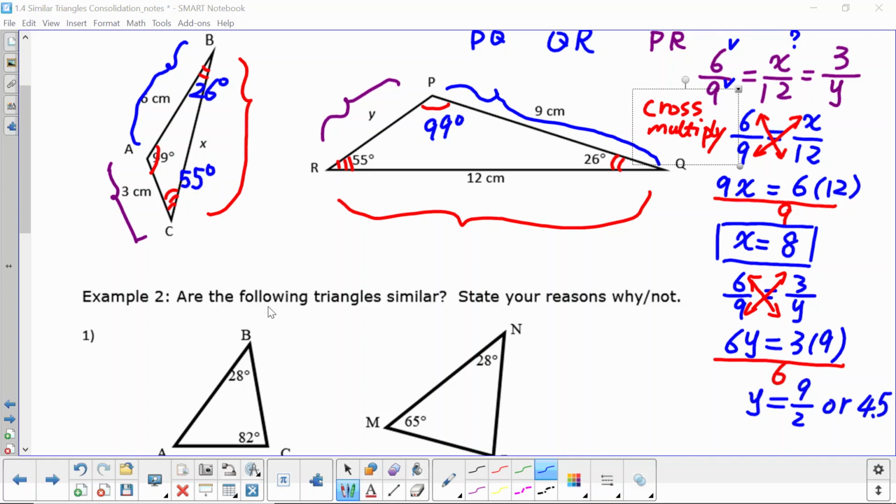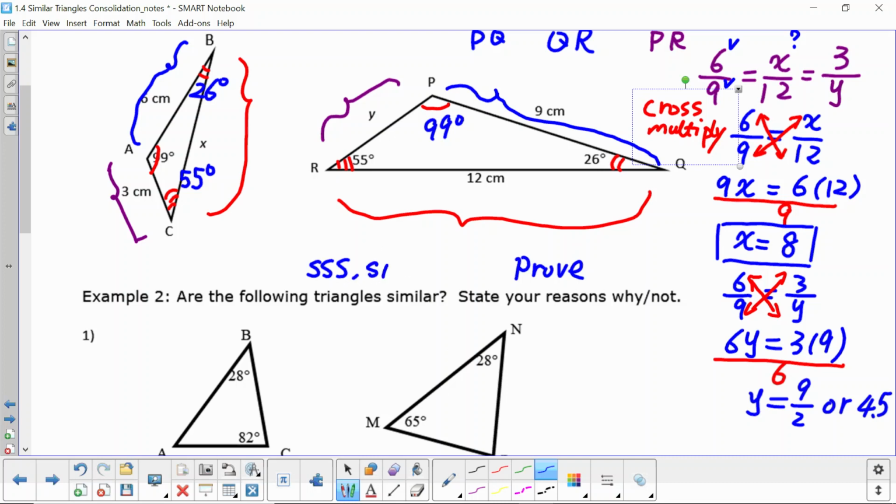So example 2, they ask you to see if the triangles are similar. State your reasons. This is called prove. So how to prove it? We have three conditions: side, side, side, three sides corresponding ratios equal, then they are similar.